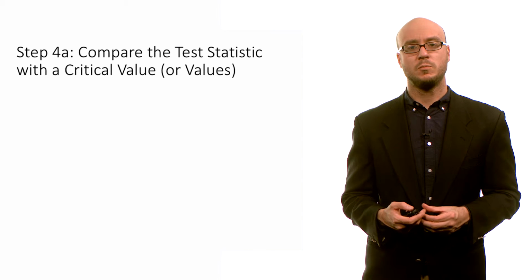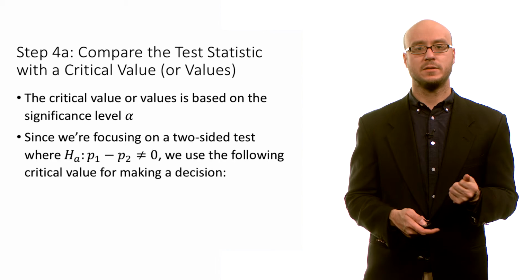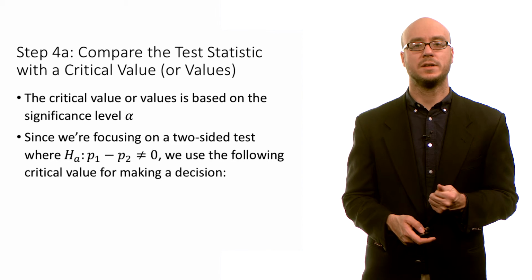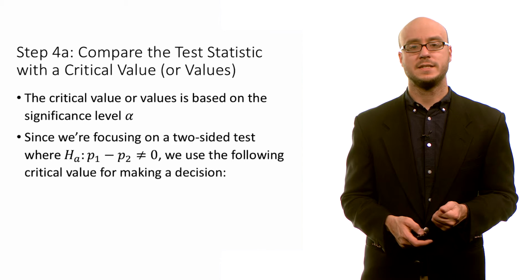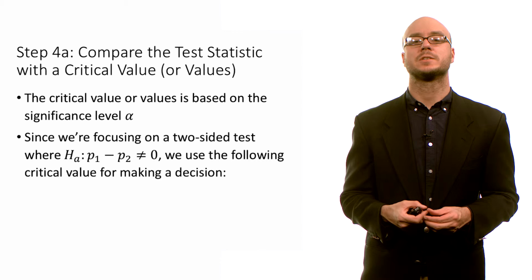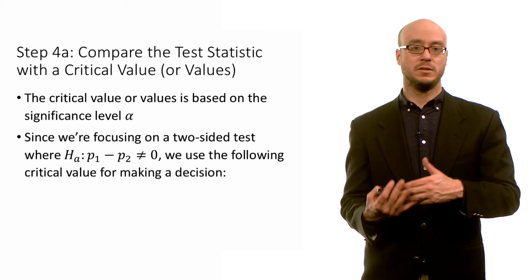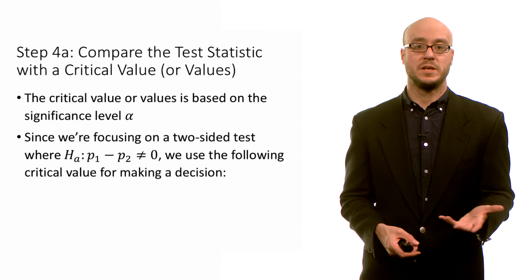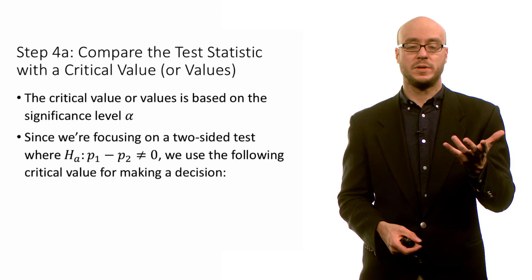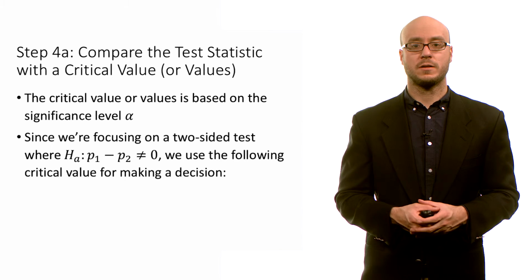For step 4a, we will compare this test statistic with some critical values. The critical value is based on the significance level alpha. Since we're focusing on a two-sided test where the alternative is that the difference in the population proportions is not equal to 0, that difference is either less than or greater than 0, meaning P1 might be more than P2, or P2 might be more than P1.